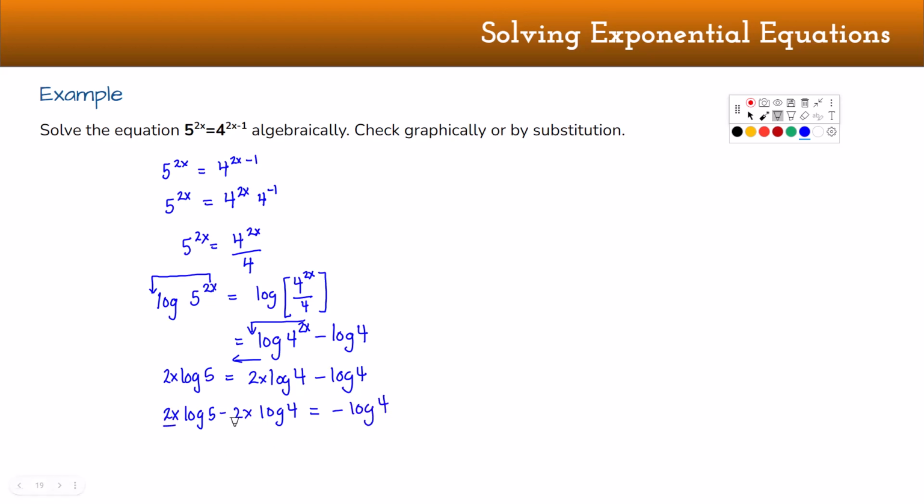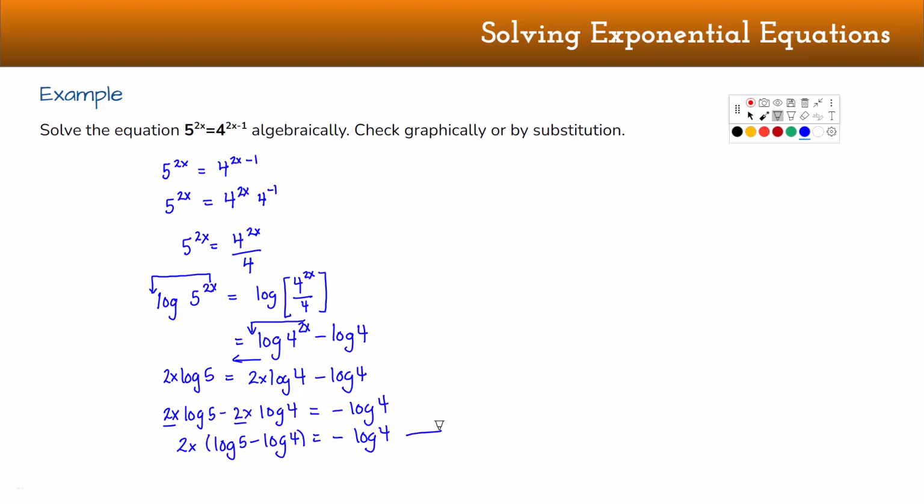Now notice I have a factor of 2x here. Let's take that whole thing out. Let's take that 2x out, and we're going to say log 5 minus log 4 equals negative log 4 here.